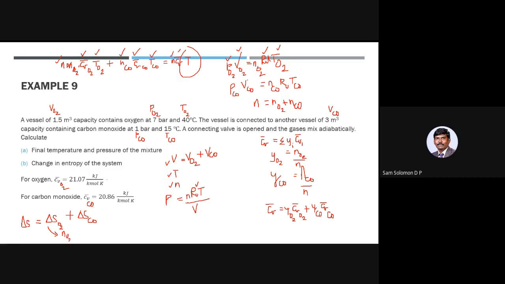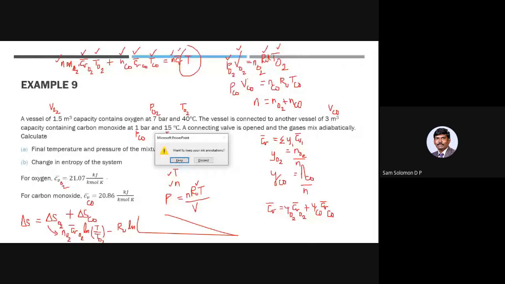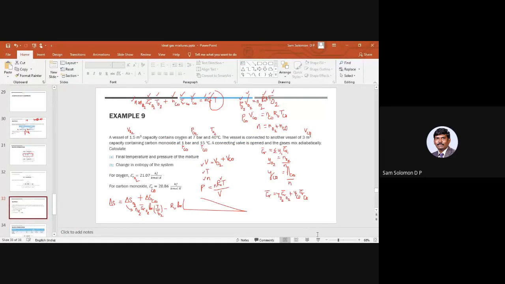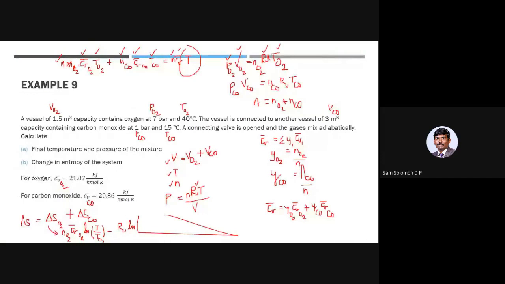So N of oxygen multiplied by CV bar of oxygen into ln of T2 by T1, T2 is the final temperature T, T1 is the initial temperature, which is nothing but the temperature of oxygen, minus, we usually use R, but since we are using number of moles, it will be Ru times ln of the final volume V over the initial volume, which is the volume of oxygen.